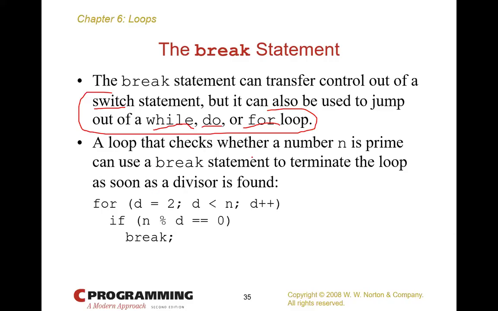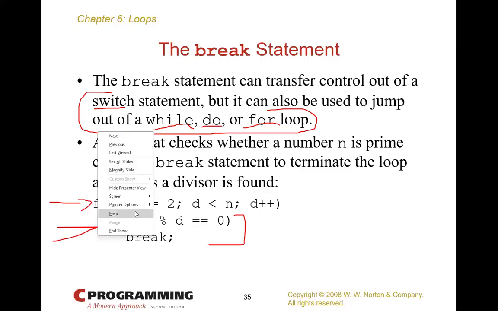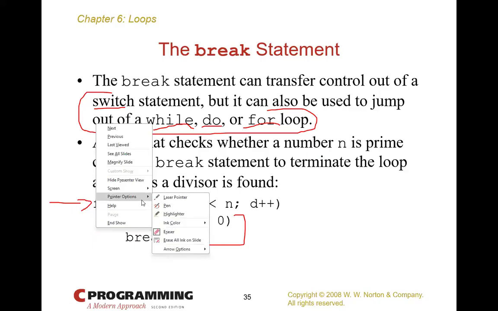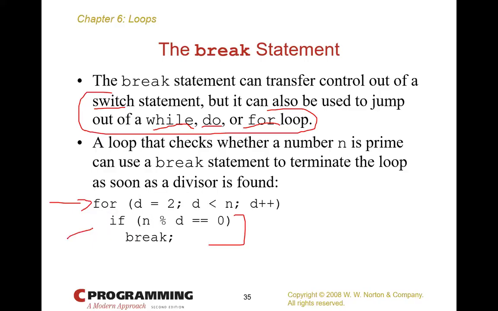I already showed it to you in that text editor, but it's about the same thing. So we enter the for loop and then we decide when we want to break. We say if some condition is met, then break.